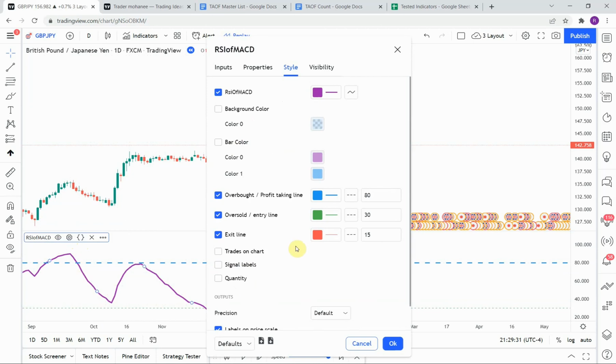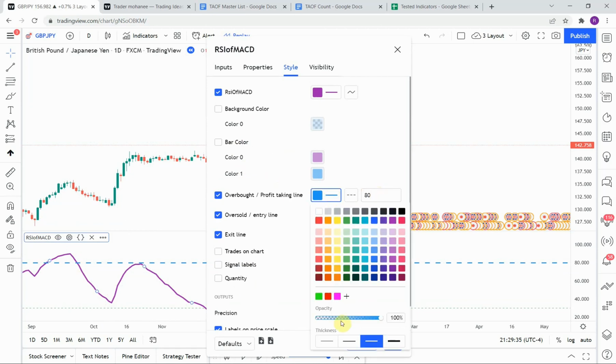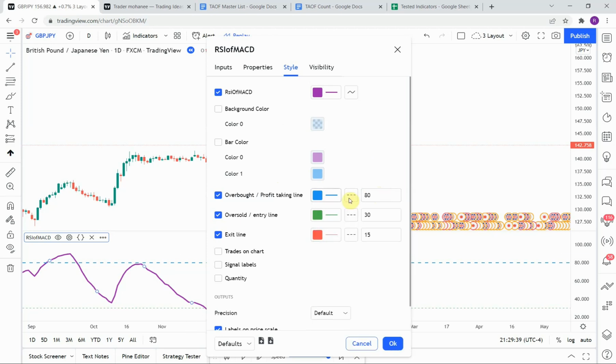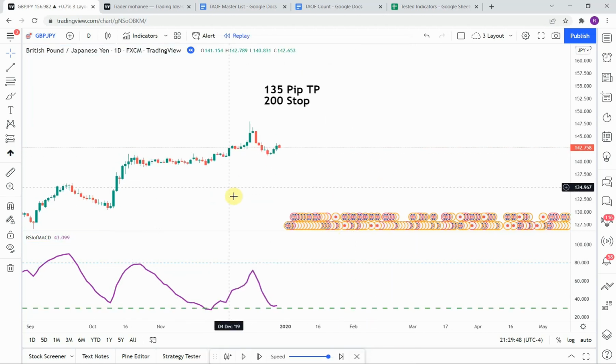So in today's video, what we're going to do is reduce this here back down to its normal size. And what we're going to do is bump up this green line right here.